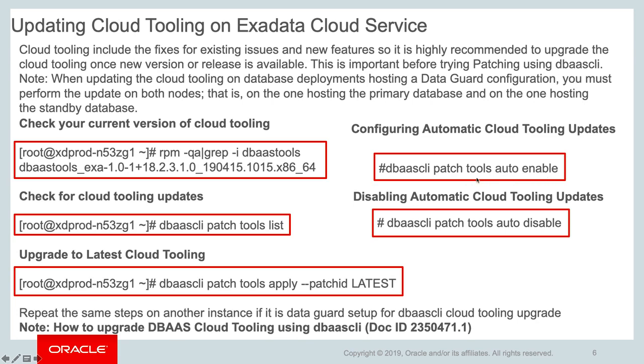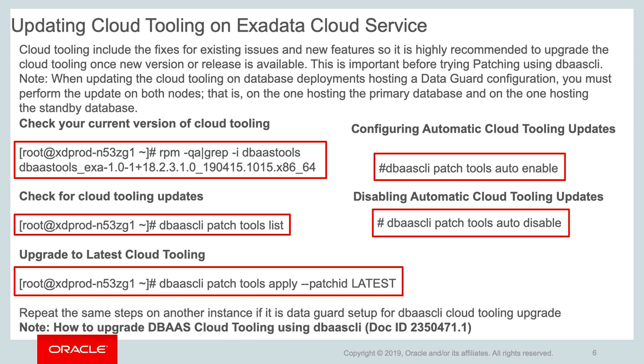What this command does is, as and when there is an update on cloud tooling, it will upgrade the environment. So think of on XRCS, you have two nodes, and it is going to update it on both of the nodes. At the same time, if you want to disable automatic cloud tooling update at any point of time, you can use the dbcli patch tools auto disable command, and that will basically remove the auto update configuration.